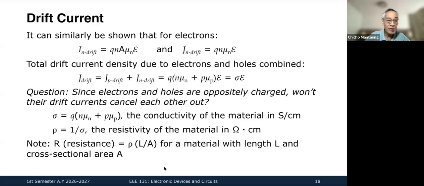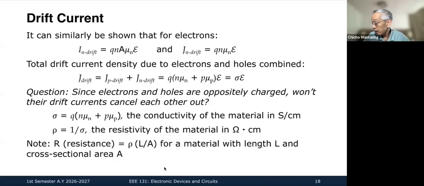Okay, I'll let you think about that on your own. You should be able to figure that out. Why do you add these two when the charges are moving opposite the direction of each other? Why do the drift currents contribute to each other?